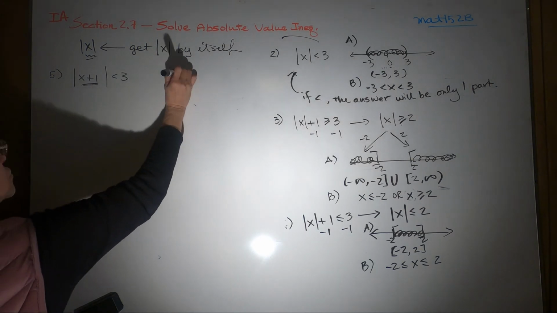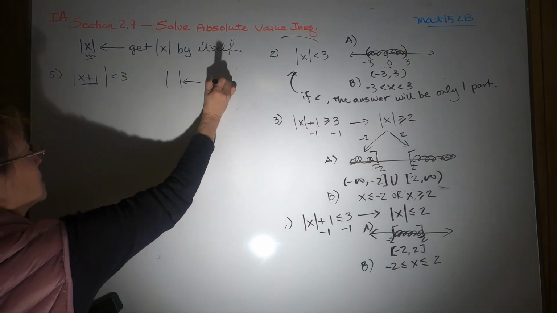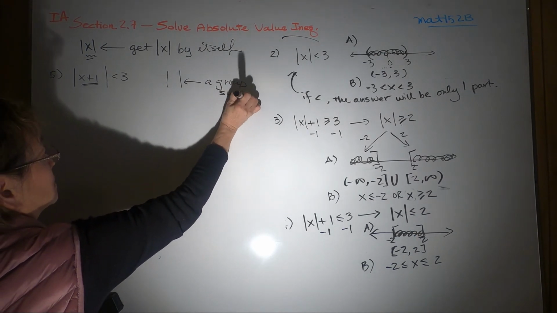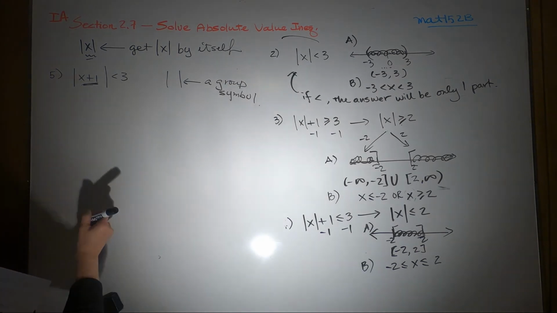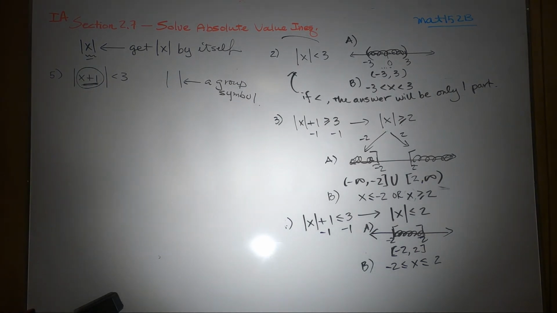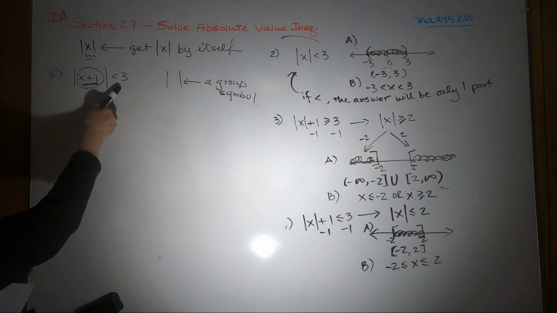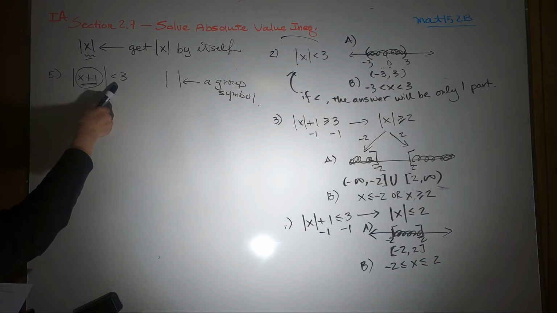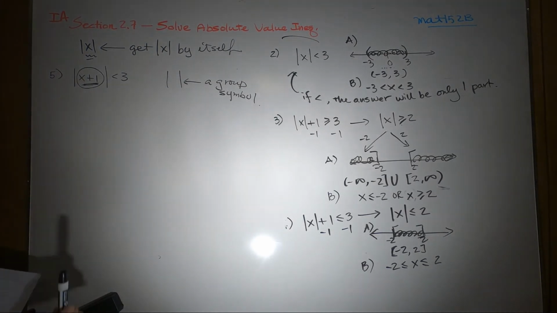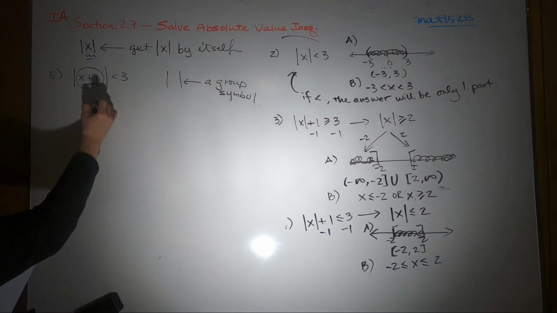So we say absolute value is a group symbol, right? So you have to handle the whole thing together. So this group, less than 3, it means how many parts? 1 or 2. Less than is 1 part. It's all within that, 3, right?